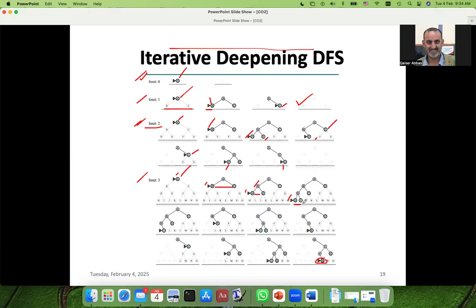So then we will check this I in the next step. Is it a goal? No. According to the DFS.